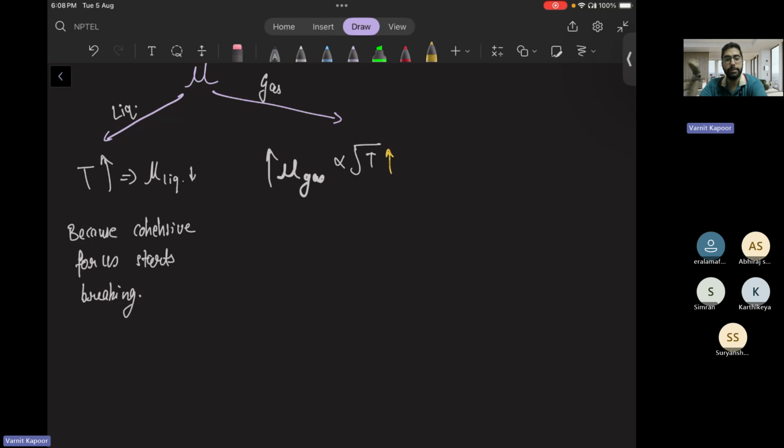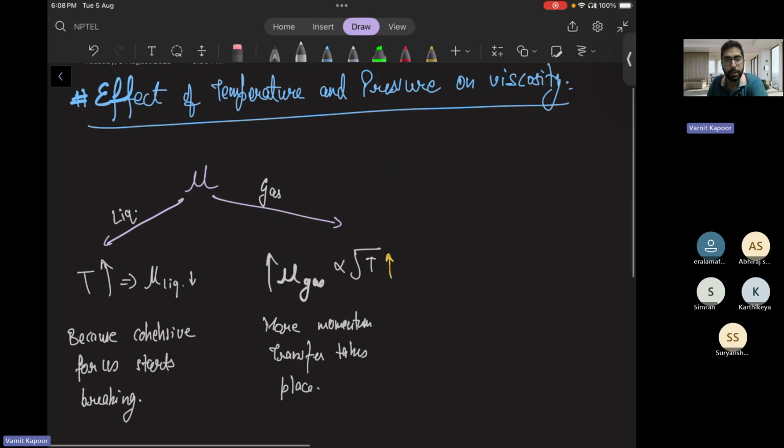Why? Because more momentum transfer takes place. So this was the reason for dynamic viscosity.